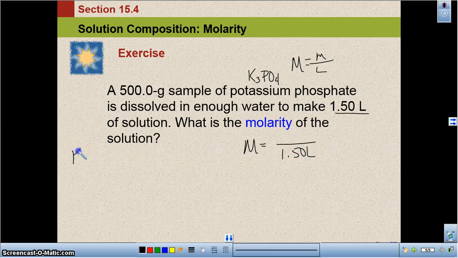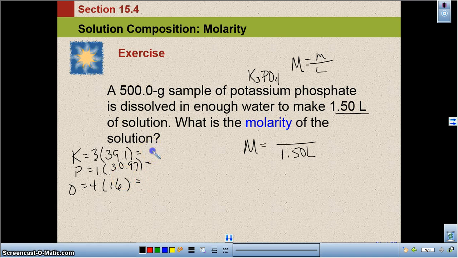We're going to have to come over here and find the molar mass of potassium phosphate. Potassium is going to be 3 times 39.1. Phosphorus is going to be 1 times 30.97. And we have oxygen, which is 4 times 16.